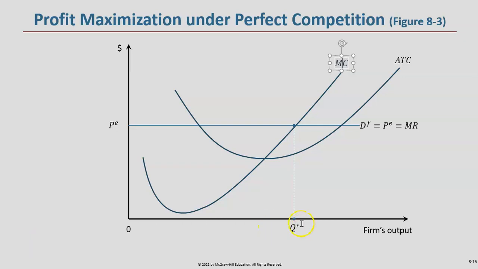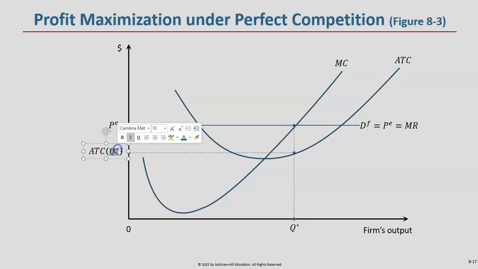At that output level, we also have a measure of the average total cost of production. So we just draw a line from the output level up to the average total cost curve, and that is the average total cost at the profit maximizing output level.